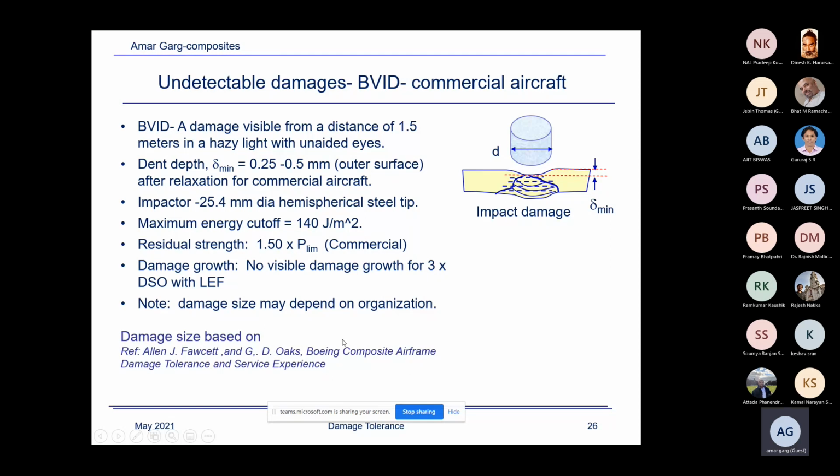I sent this paper to NAL also, and to Professor Dinesh: the damage size normally is 0.25 to 0.5 millimeter for BVID, which is what Boeing considers. But anyway, that's immaterial.